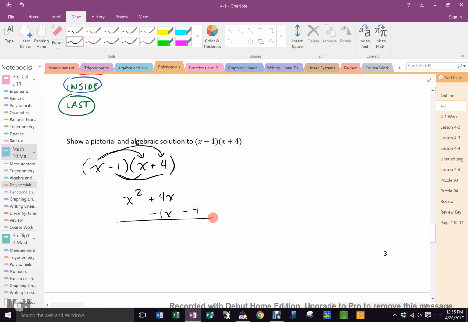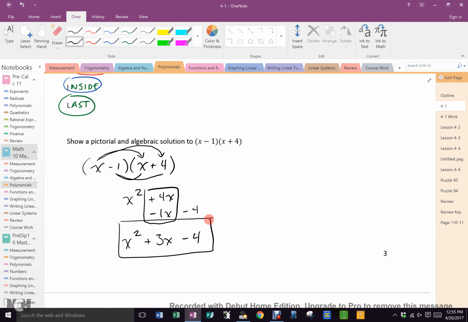Negative 4. Please notice I have stacked the x's together. Why? Because they're like terms and I can combine them. And I get x squared. What is 4 minus 1? Positive 3x. And this guy has nothing with him, so he's negative 4. Can everybody do it?